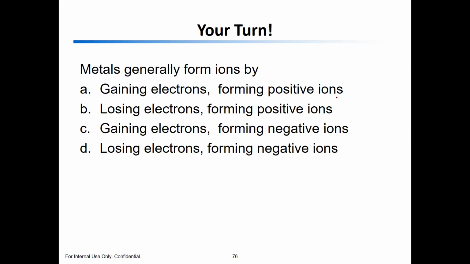How do the metals generally form ions? Metals are usually going to become plus charges. They want to lose electrons to become like a noble gas. So which one of these are positive? These two are positive. How did this become positive? By gaining electrons or by losing electrons? Losing electrons.